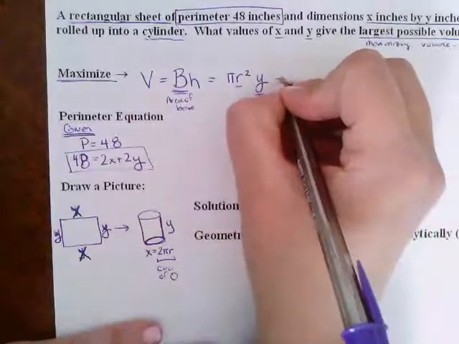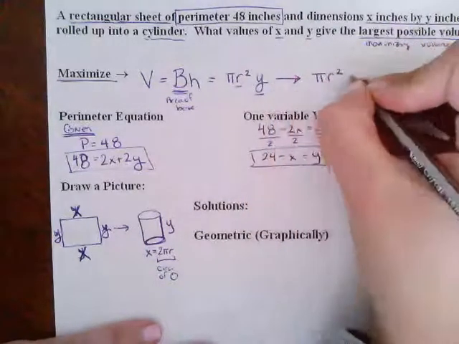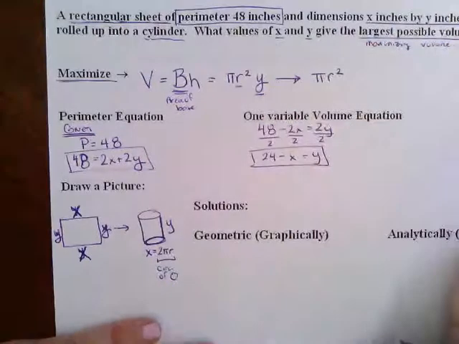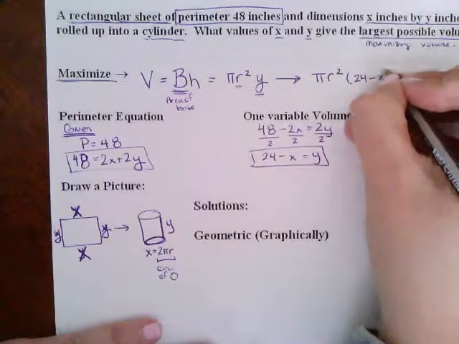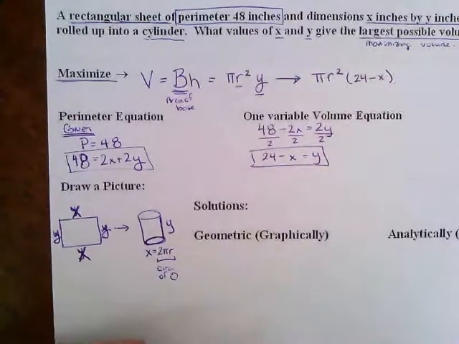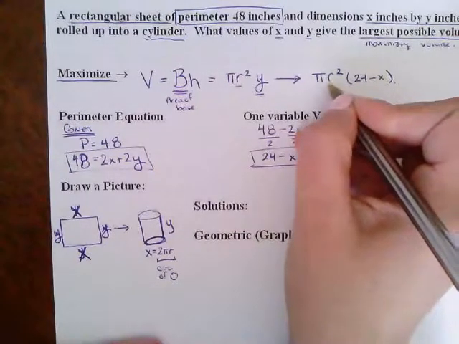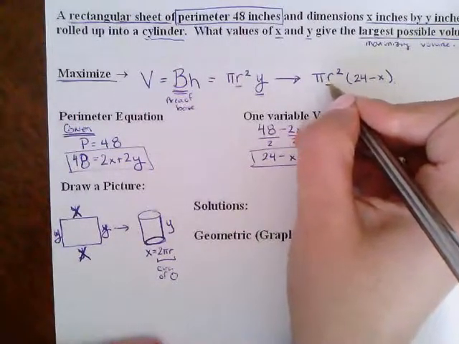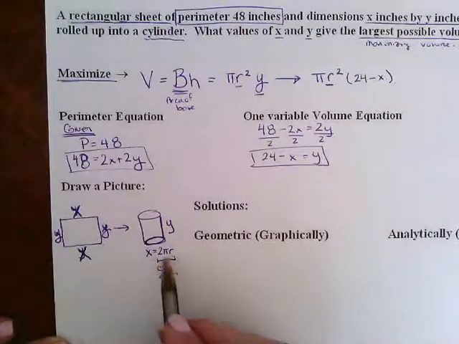So over here, I now have pi r squared, and instead of y, I can write 24 minus x. I still have technically two variables, but what do we know about the relationship between x and r?